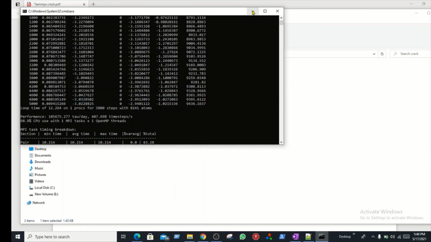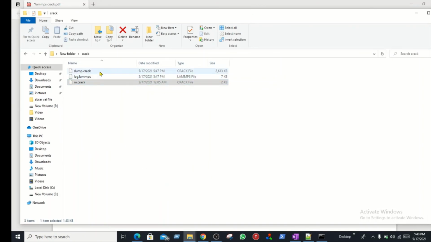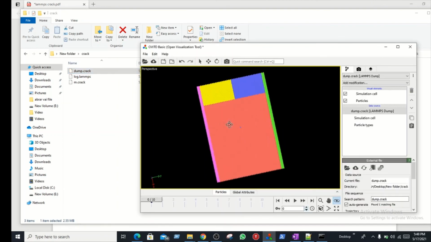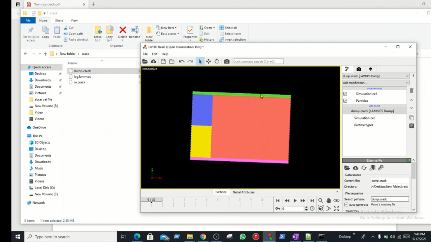And you will see a dump file has been created here, and we will visualize this in Ovito. I am opening my Ovito. Just drag the dump file and you will see the upper region.